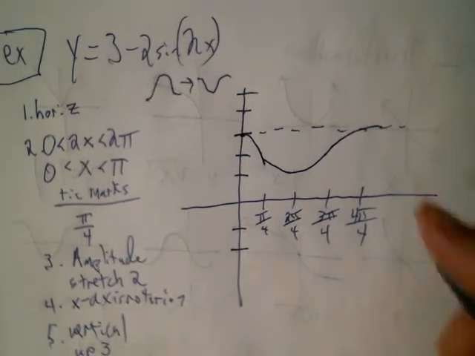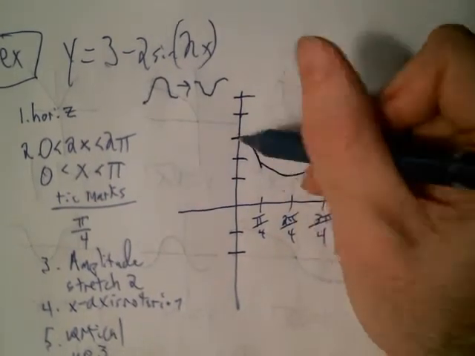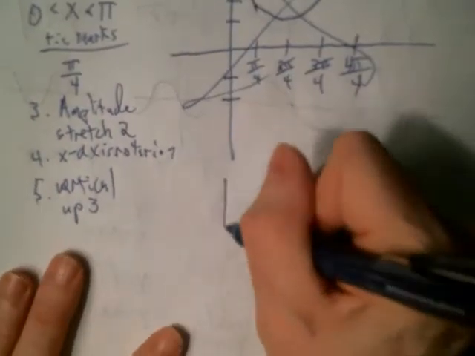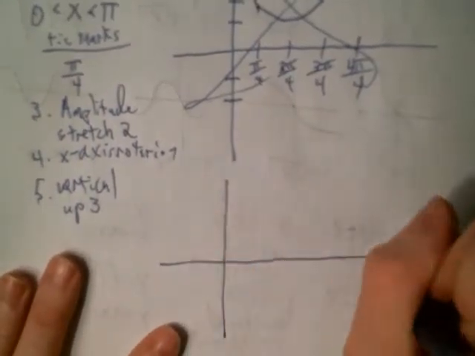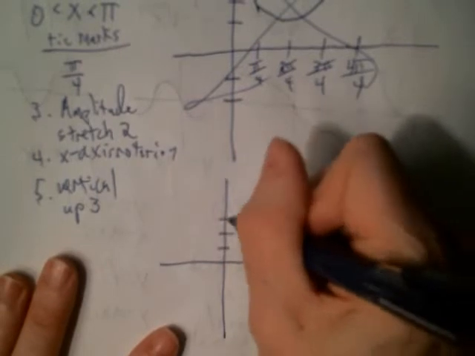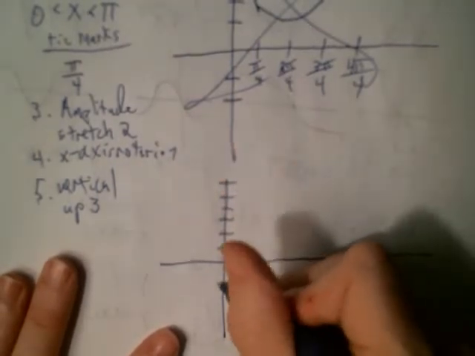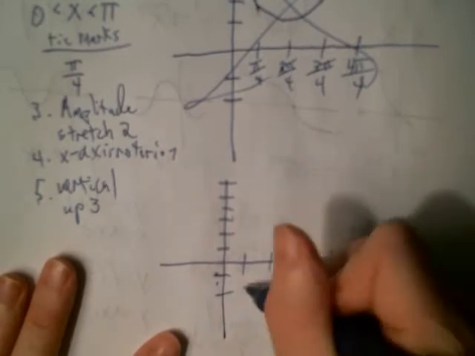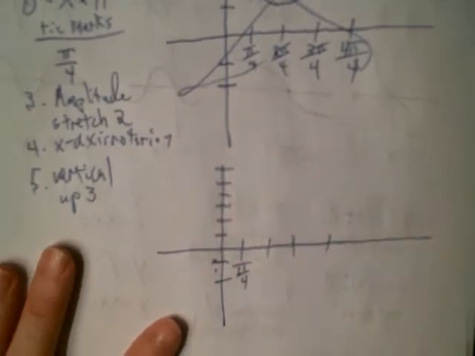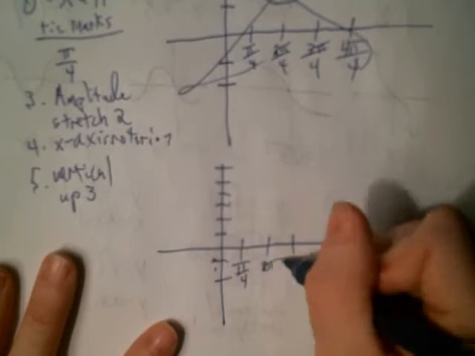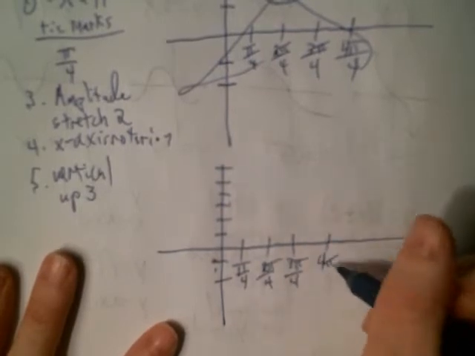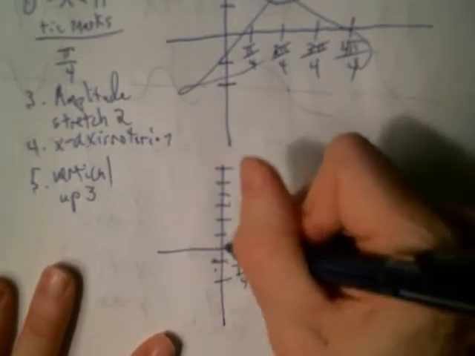Oops, I butchered that. So let me try that again. If you need to, you know, apparently I do, you have to go through and count. So again, I'm going by pi over 4s. 2 pi over 4, 3 pi over 4, 4 pi over 4.